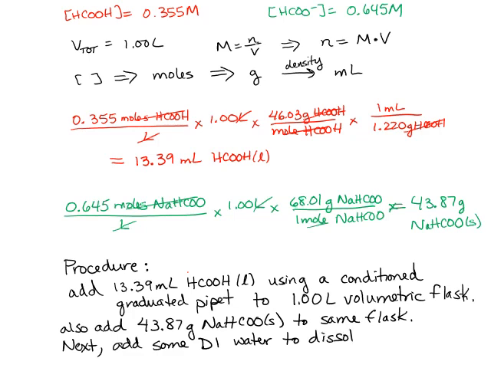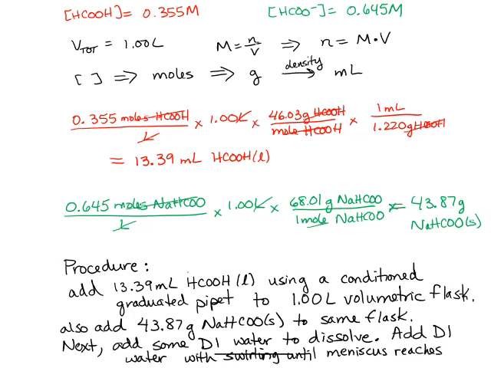Next, we'll add a small amount of deionized water to dissolve the solid and mix the two components. We'll continue to add DI water with swirling, until our meniscus reaches the calibration line.